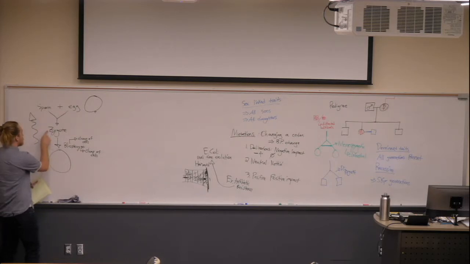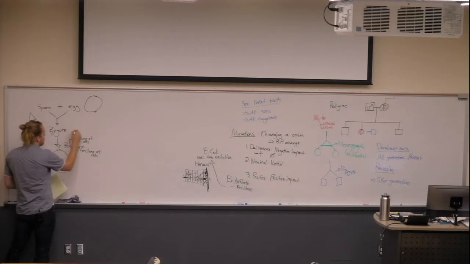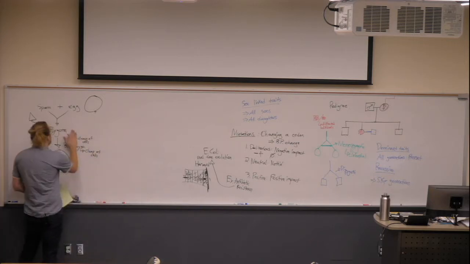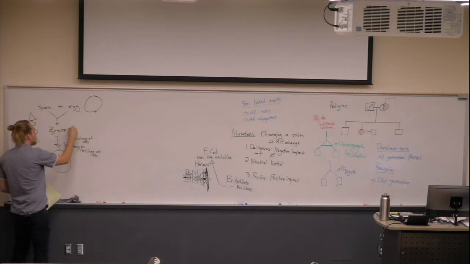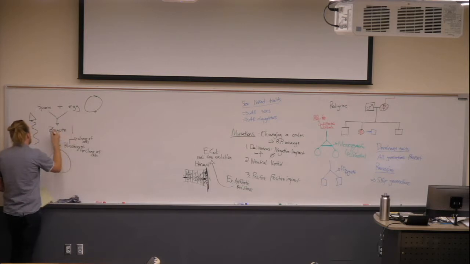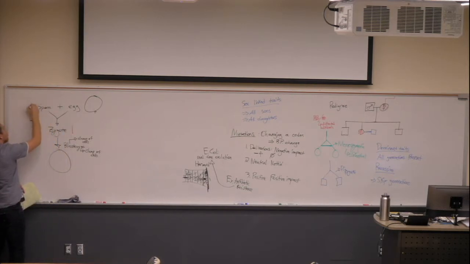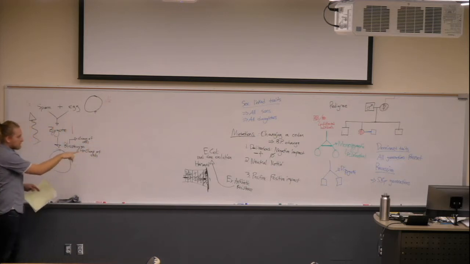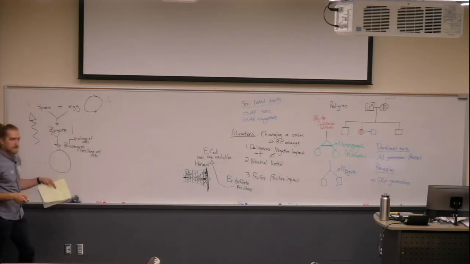The zygote itself will go from one cell, because the sperm and the egg each have half the number of chromosomes. They each have 23.